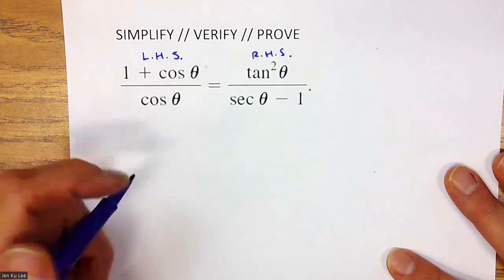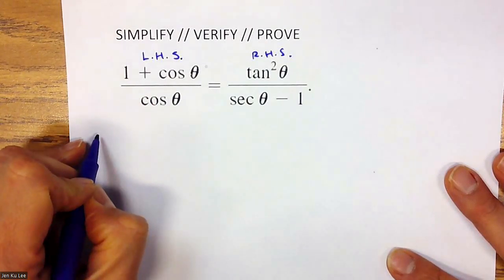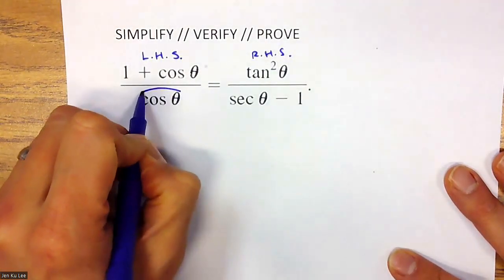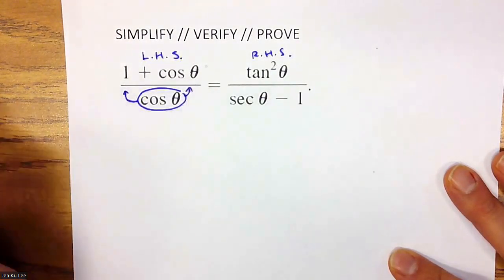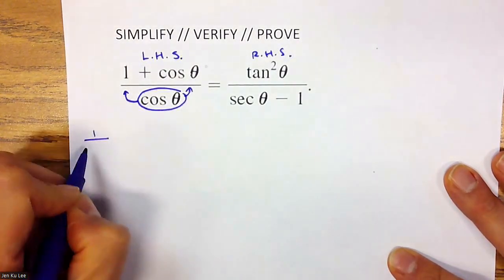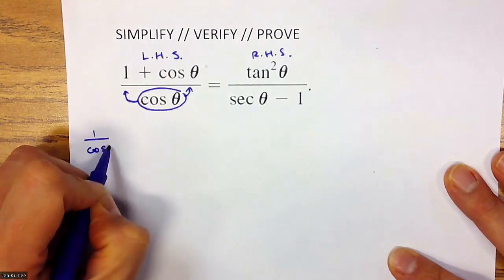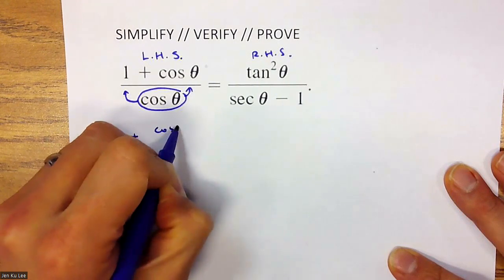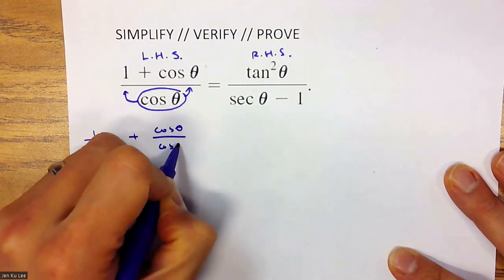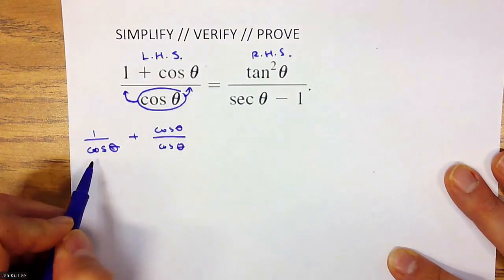So here first, 1 plus cosine. What I'm going to do here is put it underneath. Okay, so cosine theta plus cosine theta over cosine theta. What is 1 over cosine?